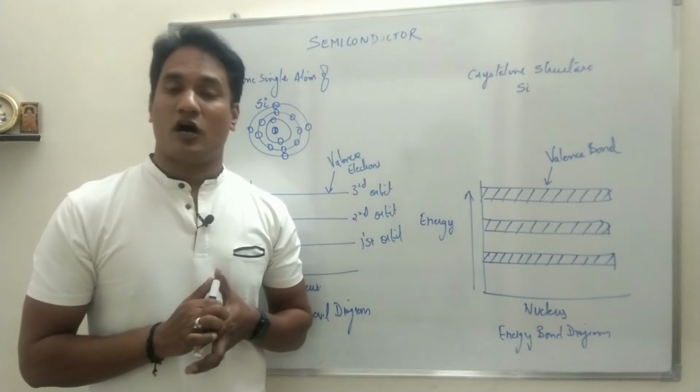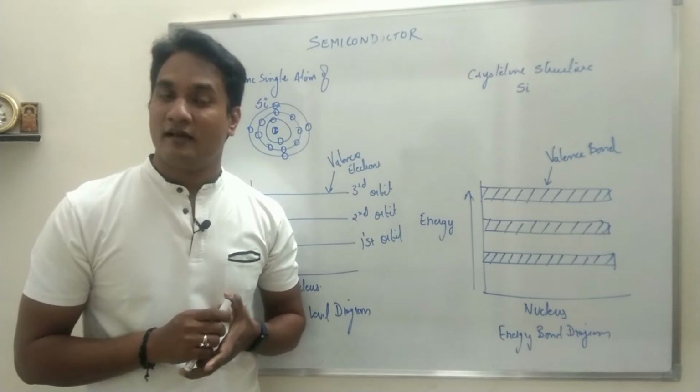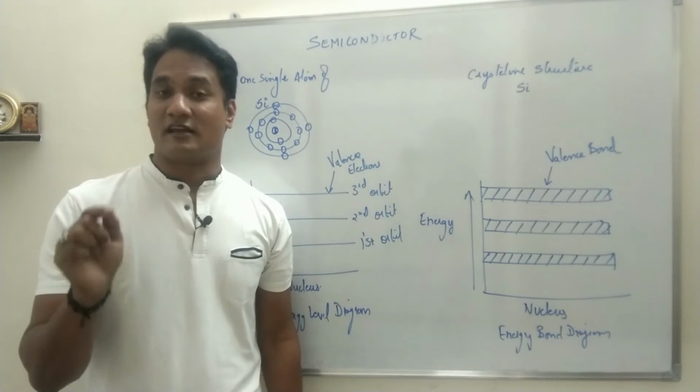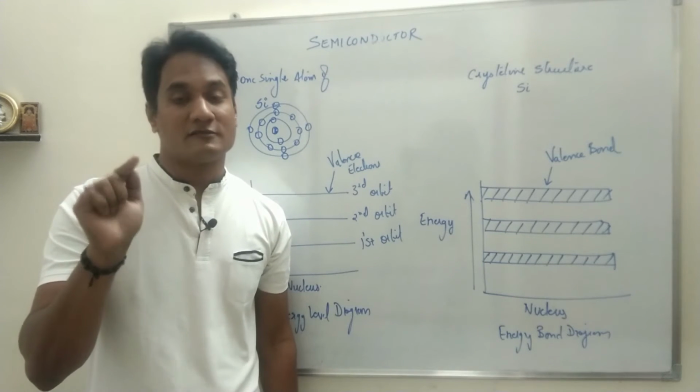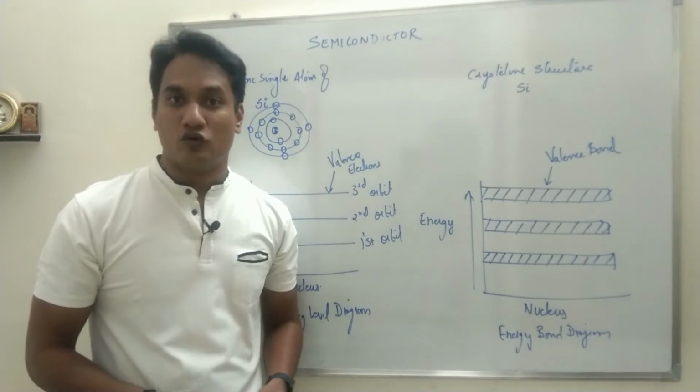Valence band. So how will you define valence band? Valence band is the range of energy possessed by the electrons present in the outermost orbit.